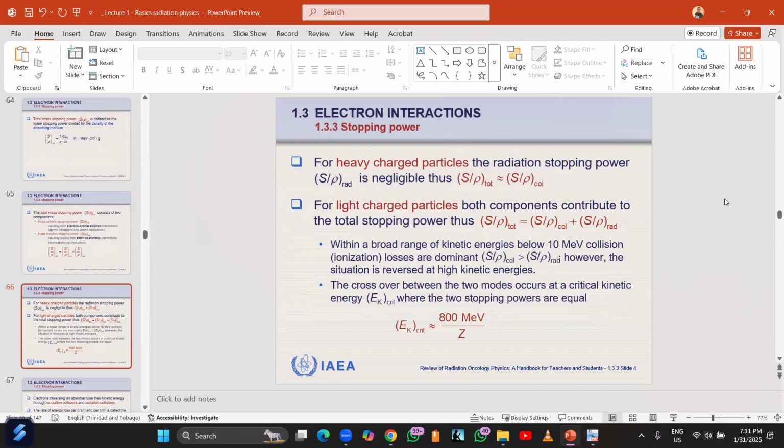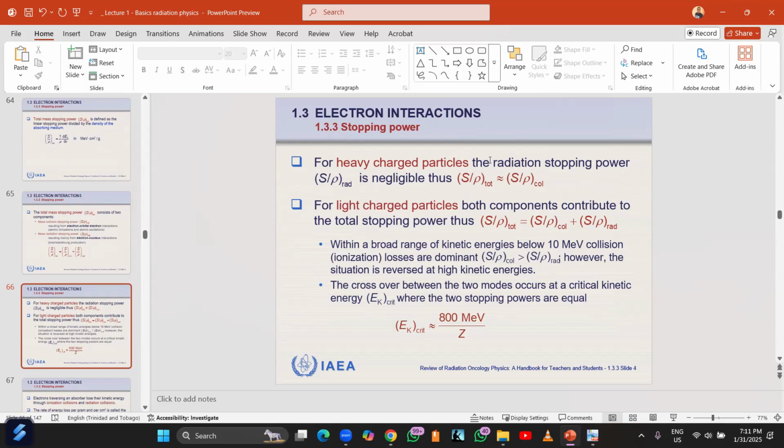I want you to find out why the Bremsstrahlung production for heavy charged particles is basically negligible. Why is the radiative stopping power, or Bremsstrahlung, almost negligible for heavy charged particles?